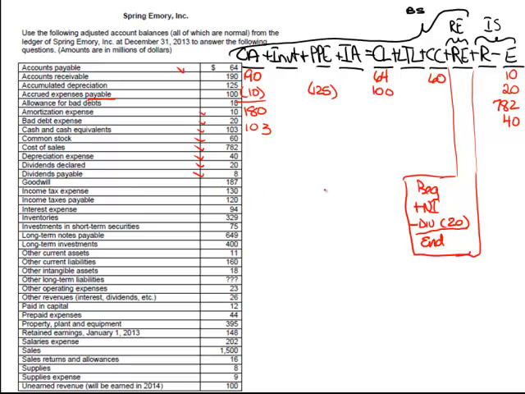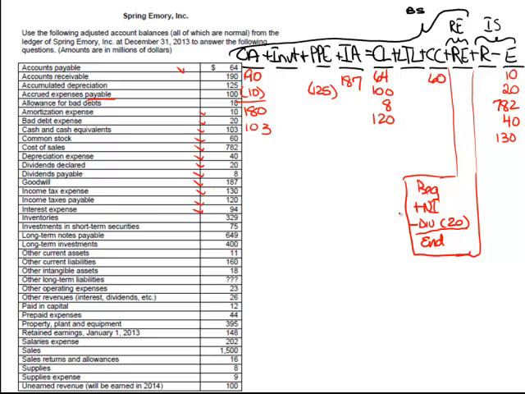Dividends payable is a current liability of 8. Goodwill is an intangible asset of 187. Income tax expense is an expense of 130. Income taxes payable is a current liability of 120.